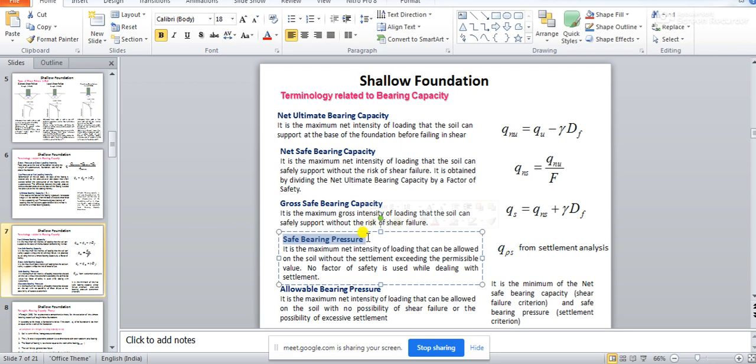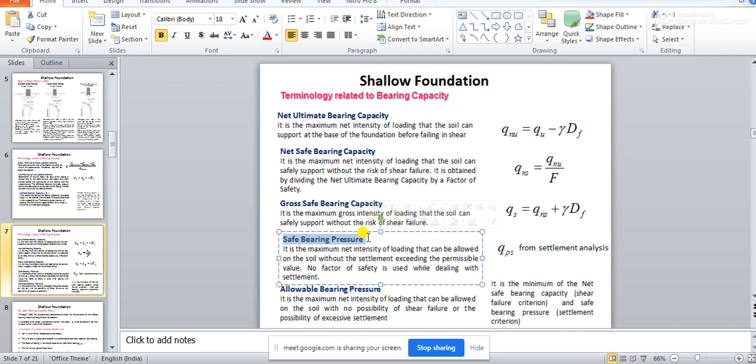For the time being, you should remember that net safe bearing capacity and safe bearing pressure are two different terms. One is dependent on shear failure and the other one is dependent on settlement failure.